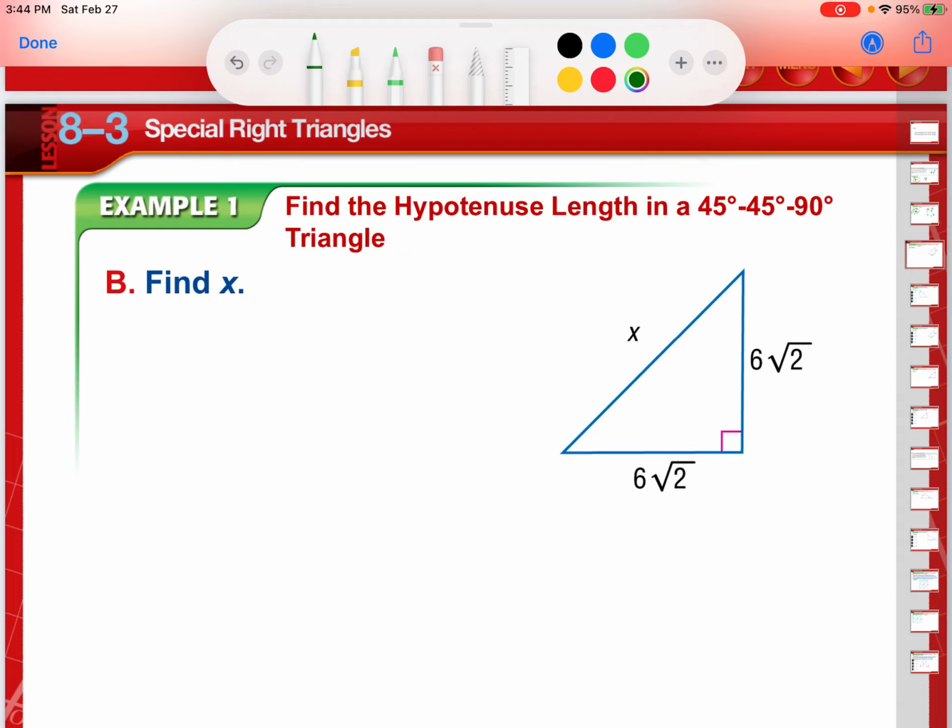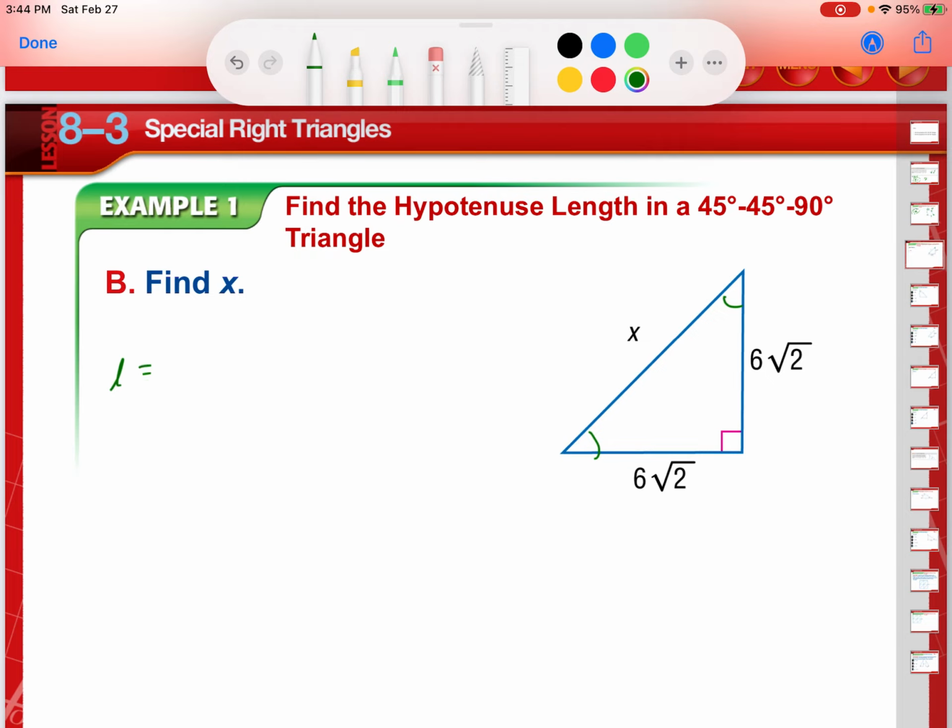So in this case, we're trying to find x again. So in this case, we have a 90-degree angle, and then we have two sides that are the same length, which tells us that these two angles must both be 45, because they must be congruent if the two side lengths are the same.